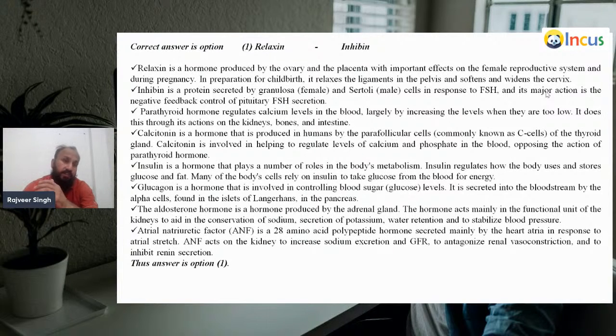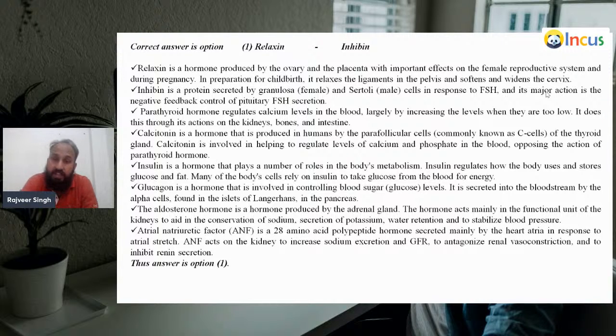Then calcitonin is a hormone produced in humans by the parafollicular cells, commonly known as the C cells of the thyroid gland. Calcitonin helps regulate the level of calcium and phosphate in the blood, opposing the action of parathyroid hormone.